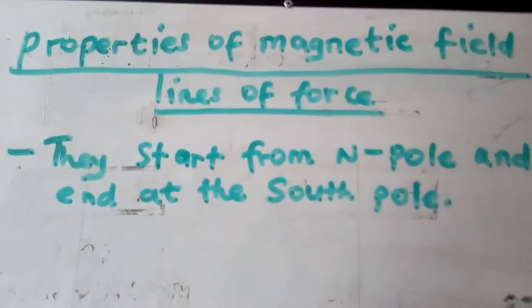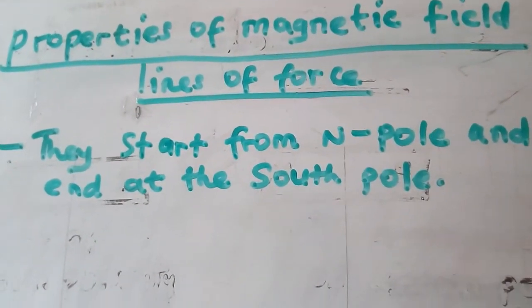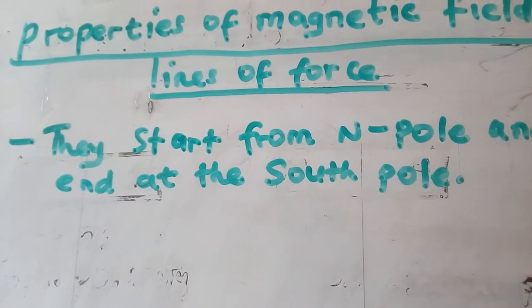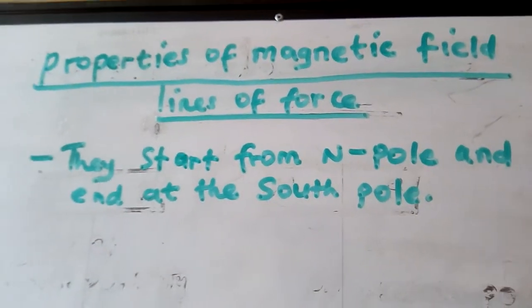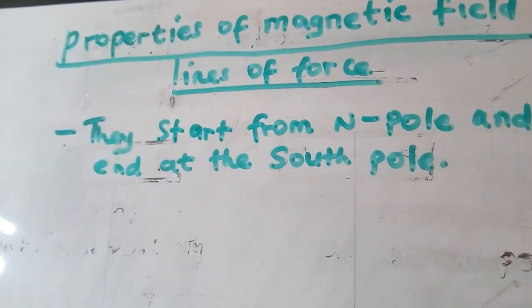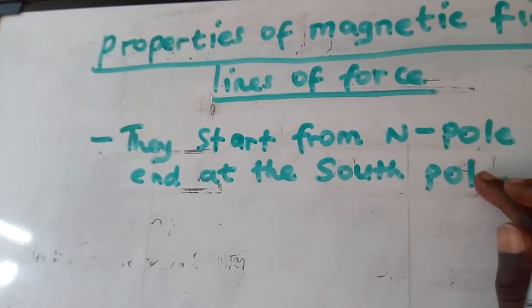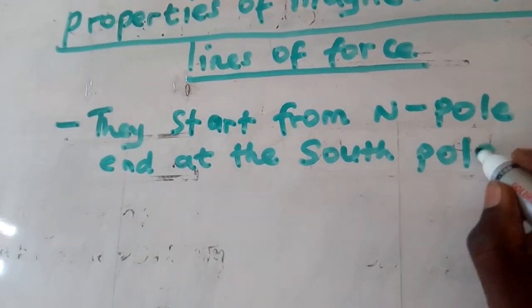So when you are drawing the magnetic field lines, the way I already explained, the arrows should start from the North Pole and they should end at the South Pole. Good.